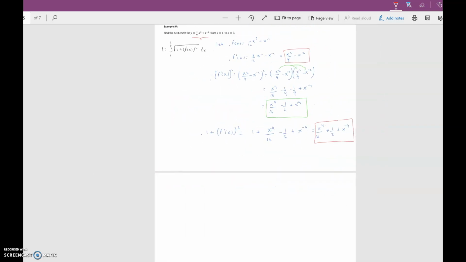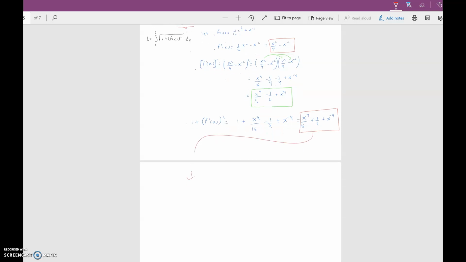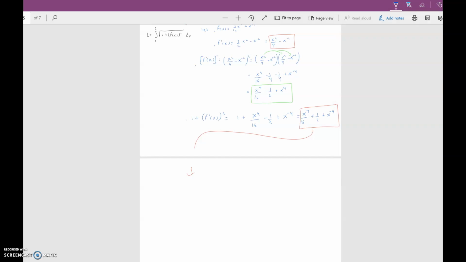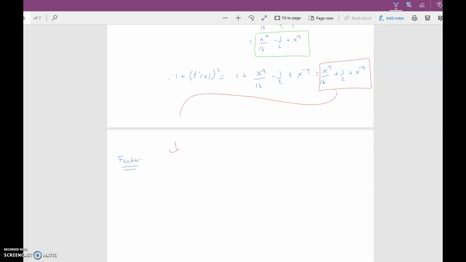Okay, so our next attempt here, and this is because a u-substitution doesn't seem to actually work, is to try to see if this one factors. Now, there's no guarantee it's going to factor, and you don't want it to factor into any two values. We want them to factor into a perfect square. So we're looking at x to the 4th over 16 plus 1/2 plus x to the negative 4.